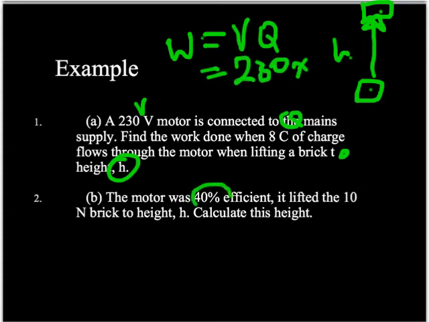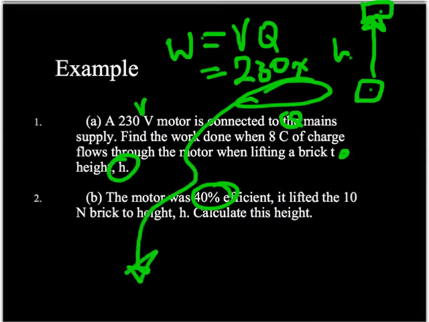So carry on from there. This one here is now only 40% efficient. So it lifted the 10 Newton brick to a height h. Calculate this height. Okay, so if it's only 40% efficient, then we're actually wasting 60% of its energy. So let's say we got the answer from the start there.